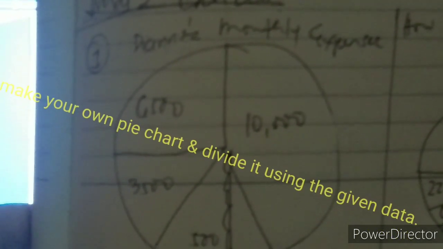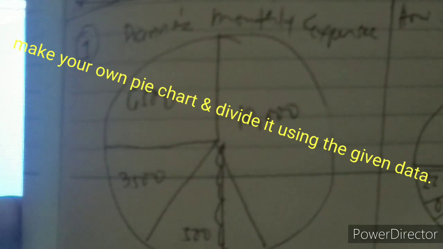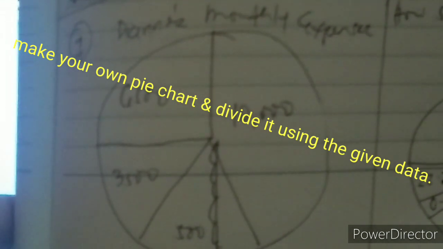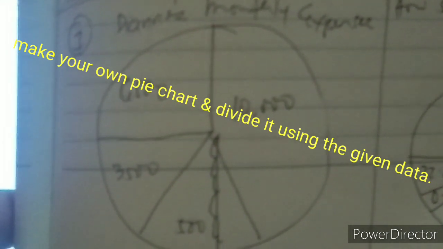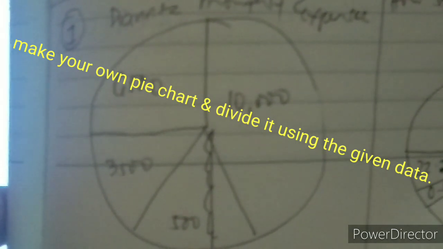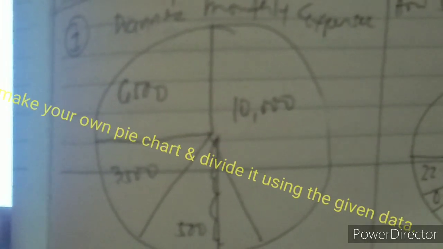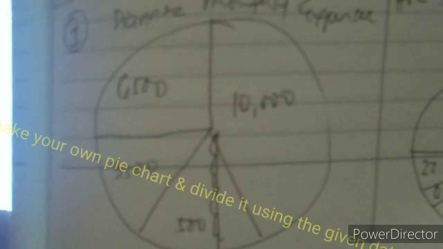You are going to use a pie chart with the title on top, Diane's monthly expenses. So you are going to divide the graph. We have 10,500, 3,500, and 6,500. So that's it for number 1. Use the pie chart.